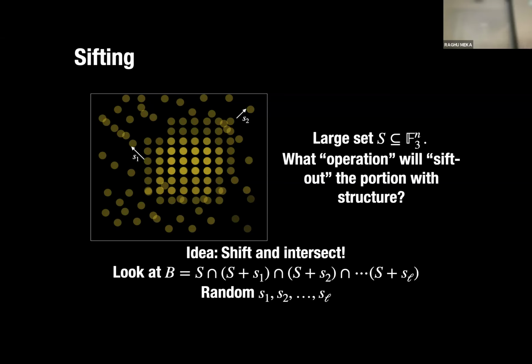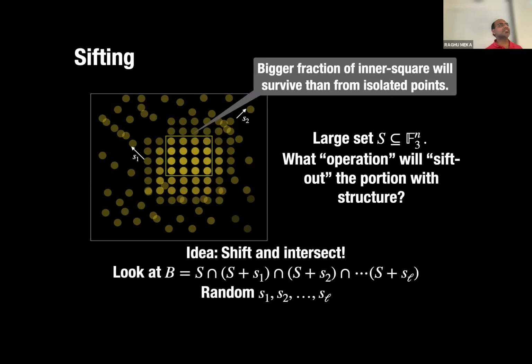Intuitively, what should you expect? These isolated ones should be unlikely to survive. They're the least likely things, right? When you're shifting it out, it's unlikely that they would survive. But for the tiny square window, you might expect that a larger fraction of it will survive. It doesn't mean a big fraction of the square will survive, but relative to the other points, the things in the structure are more likely to survive.